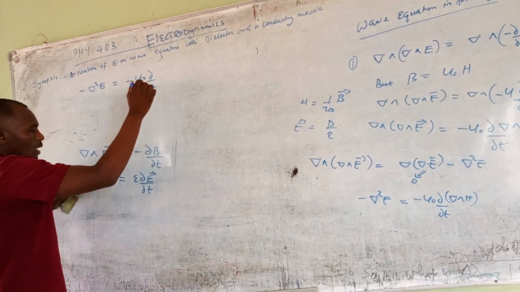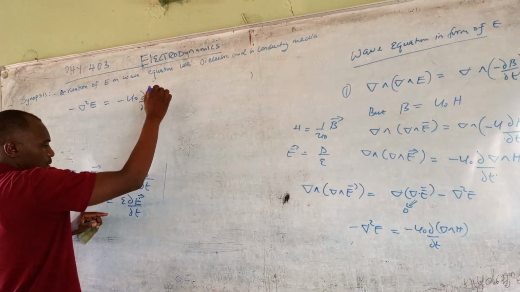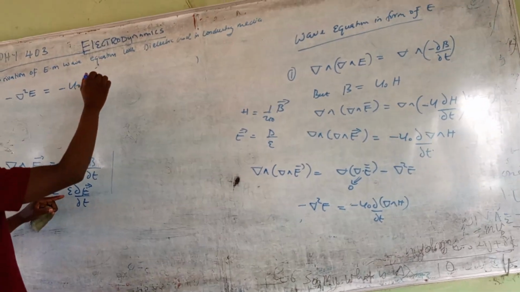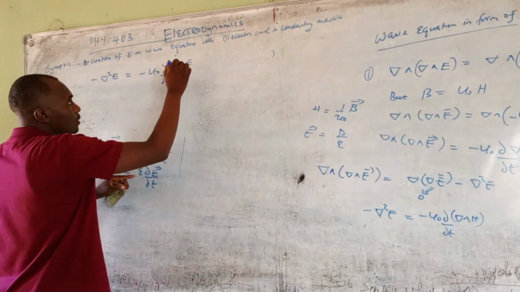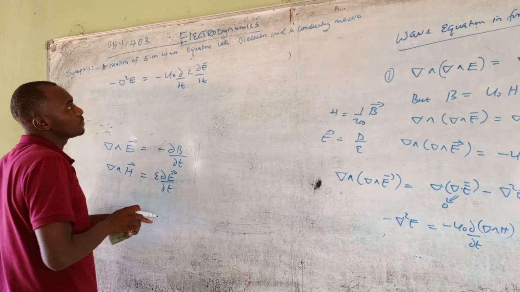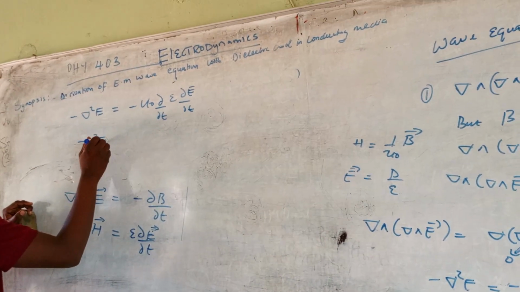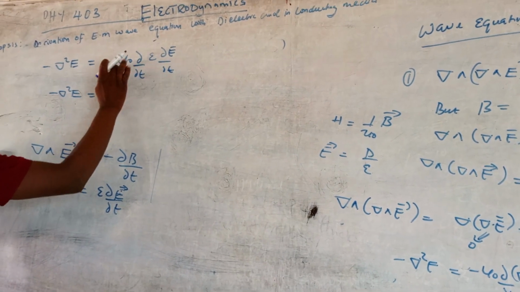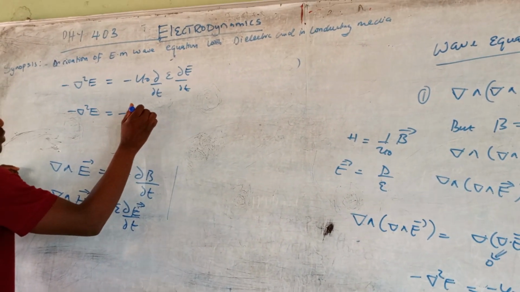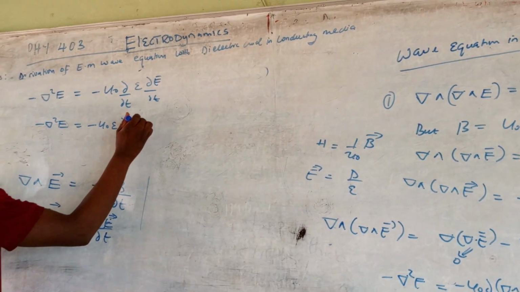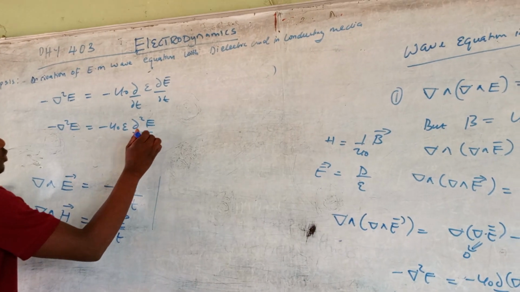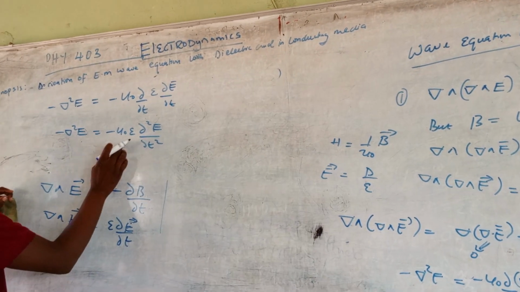Yes, sir. So I will have del squared E equal to, with the constant coming out, mu epsilon d squared E by dt squared.